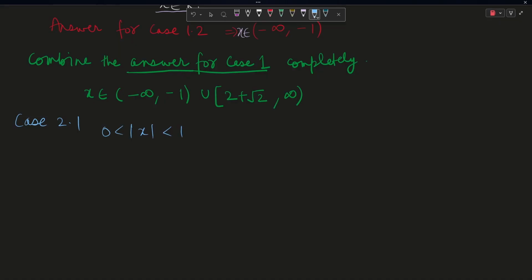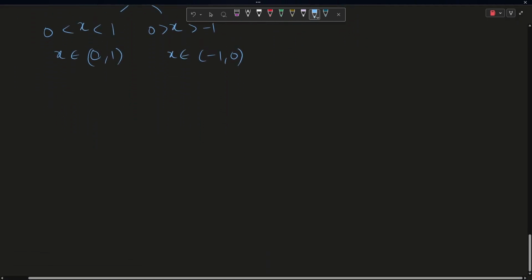If base is less than 1 and greater than 0, then as initially mentioned in the above solution, we are having two values: when x is in between 0 and 1, and when x is in between 0 and minus 1, or x belongs to (0, 1), or x belongs to (-1, 0). So we have to solve the inequality for these two cases individually.